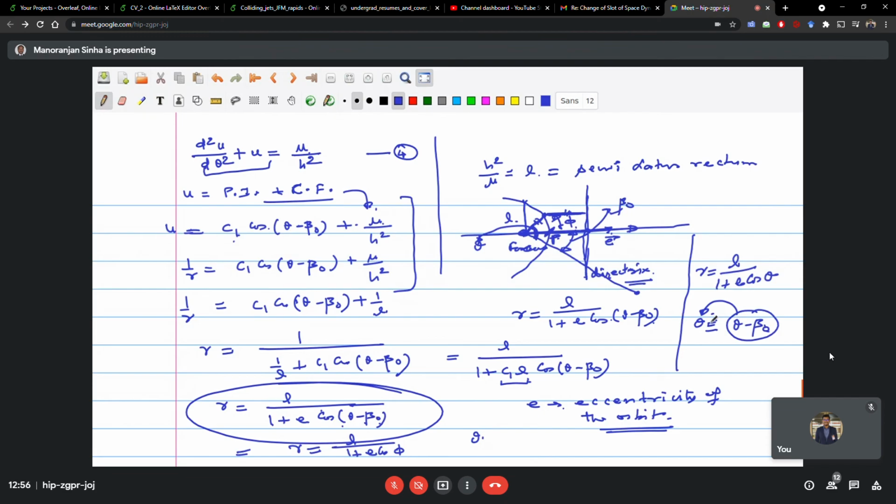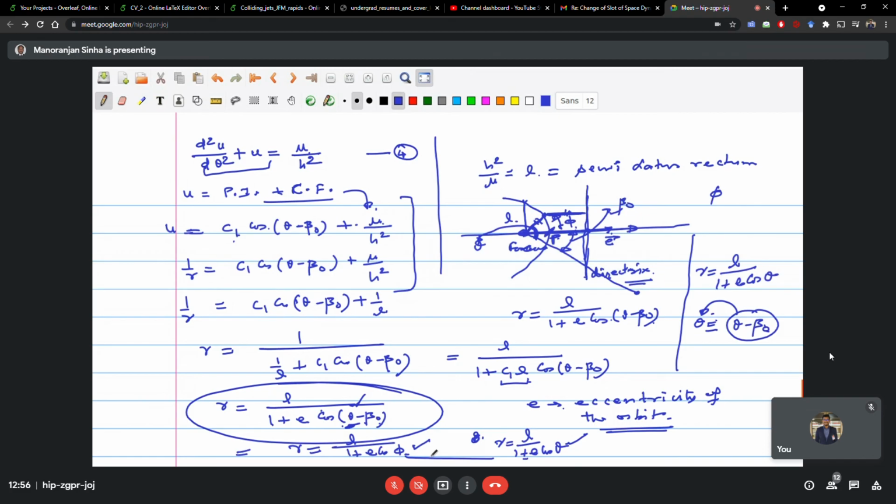Otherwise we should have used phi as the angle measurement. Whenever I use it, I will assume r can be written as L by 1 plus e cos theta, which is equivalent to phi. Phi and theta are the same thing; only because of the notational change is this problem occurring.